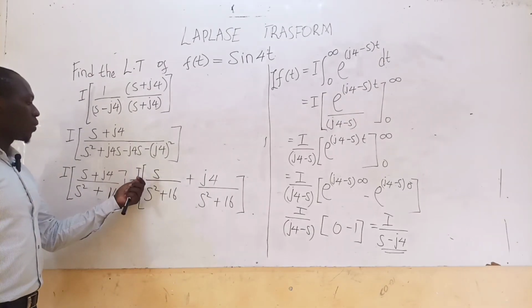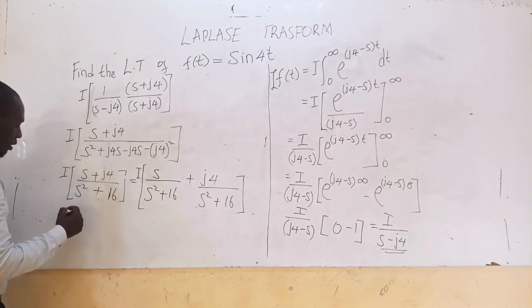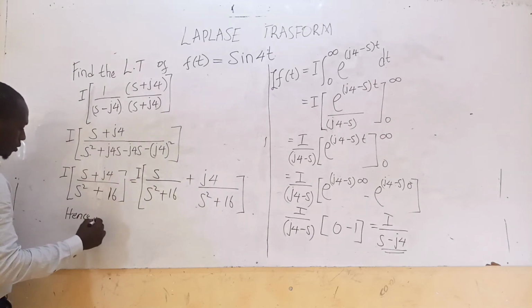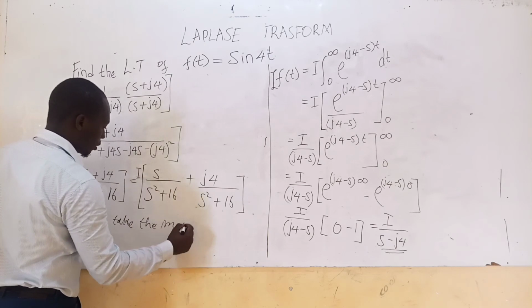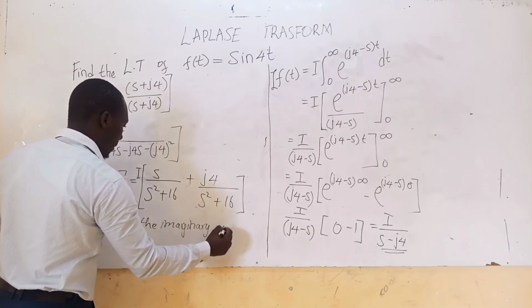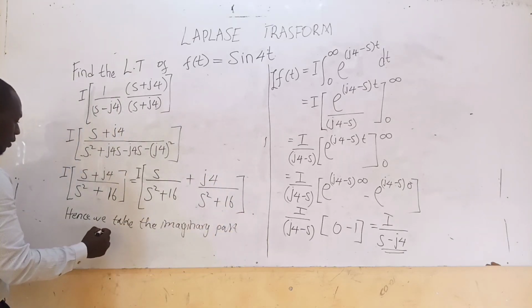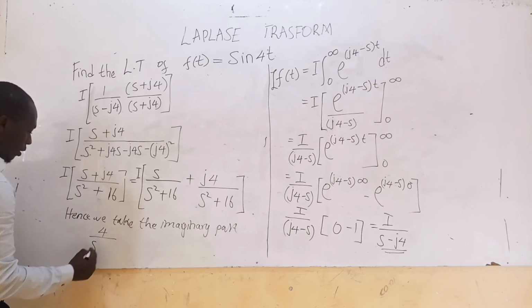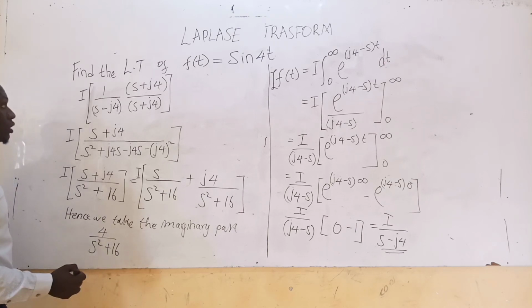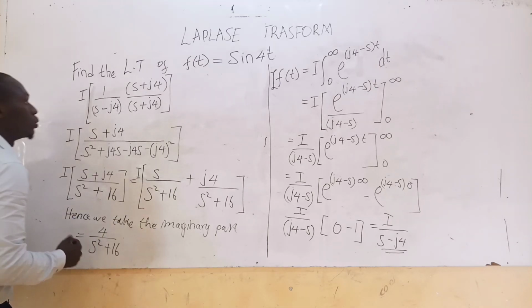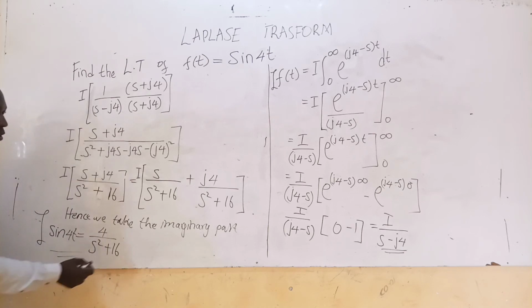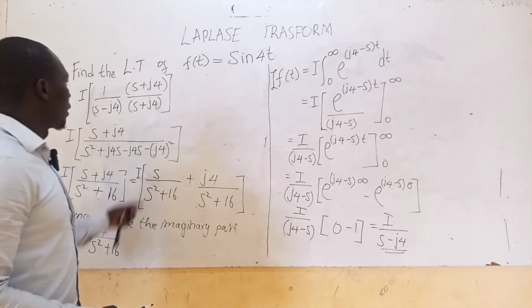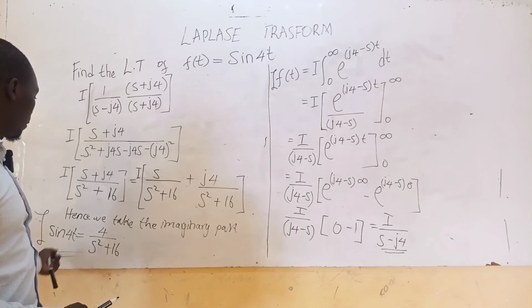Since we are working for the imaginary, we say, hence, we take the imaginary part. By taking the imaginary part, we are going to have 4 over s squared we add to 16, and this is now equal to the Laplace transform of sine 4t. This is how you go about the Laplace transform of sine 4t.